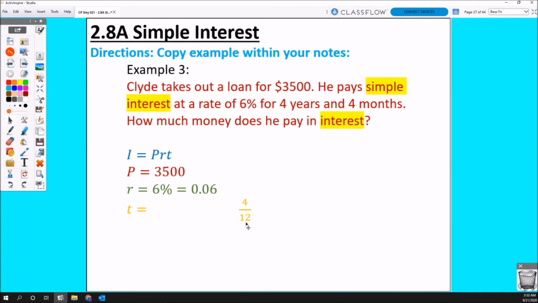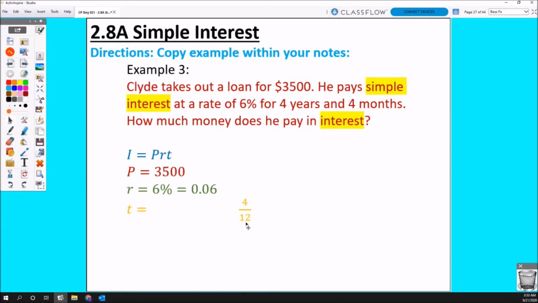Again, it's not correct. 4.4 is not the same as determining what fraction 4 months is out of 12 months. So don't think of it in a simple way like that. If you do that, you're going to write the wrong decimal value and therefore get the wrong answer. So if they give you a number of months, you must determine the fraction out of 12 months to get the correct decimal.